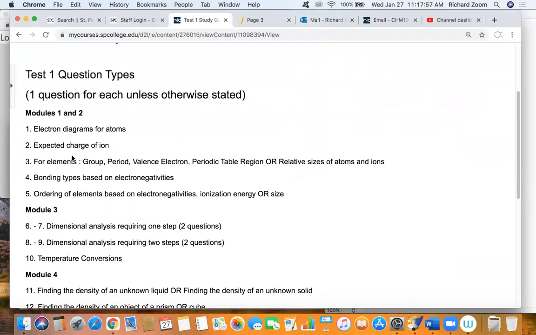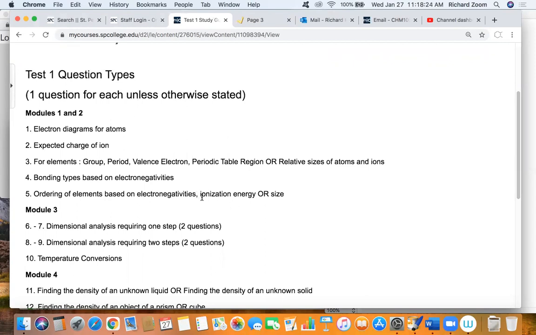I want to point out here that if we've got something like number 3, you can see it's a range of different questions that could be for number 3. Likewise, number 5 is ordering, but it's based on electronegativities, ionization energy, or size. So any one of those questions could appear for number 3, and then any one of those other questions could appear for number 5.